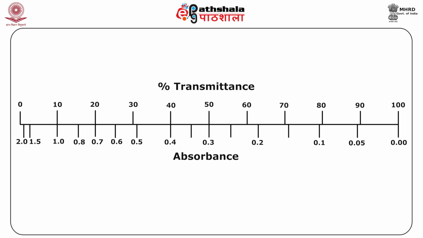An absorbance of 1 corresponds to 90% absorption, and an absorbance value of 2 corresponds to 99% absorption. The spectra from spectrophotometers are mostly given in the format of absorbance versus wavelength, or percentage transmittance versus wavelength.